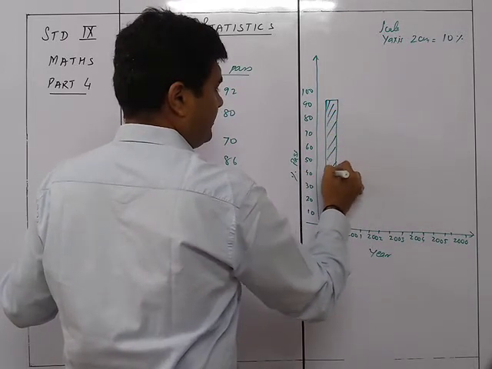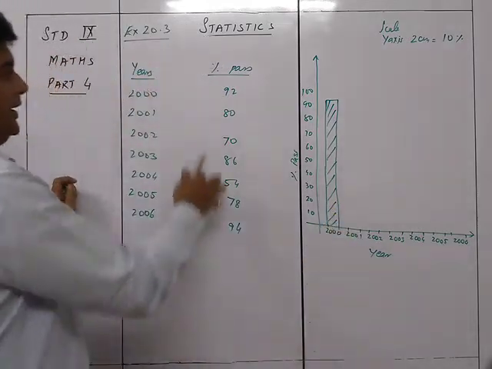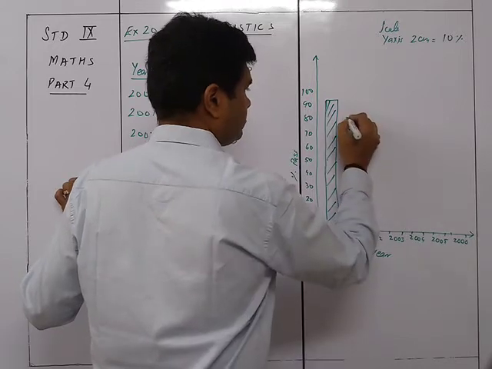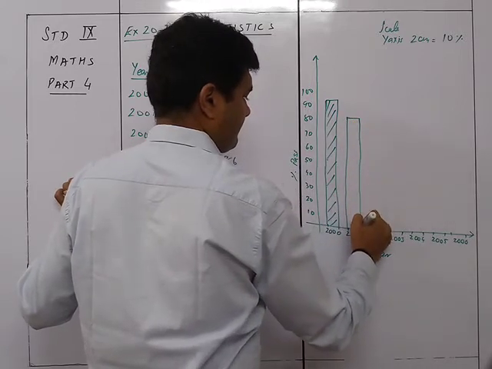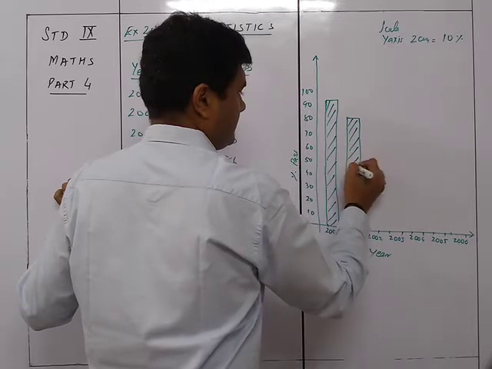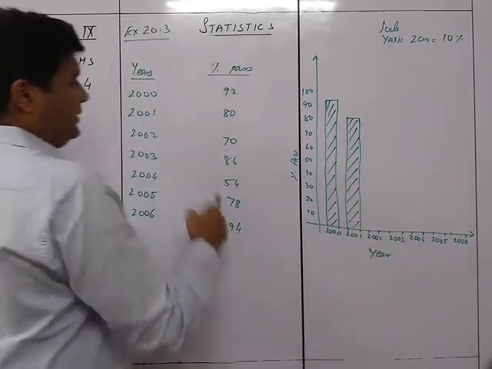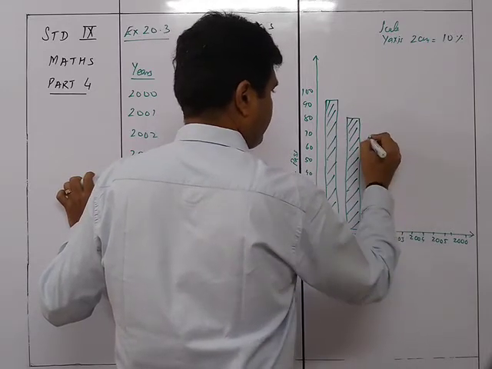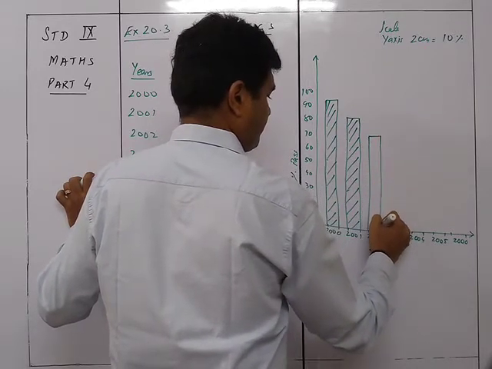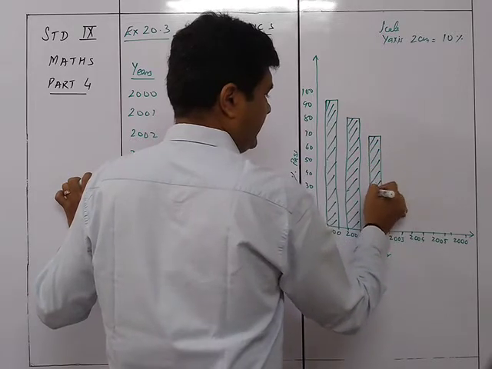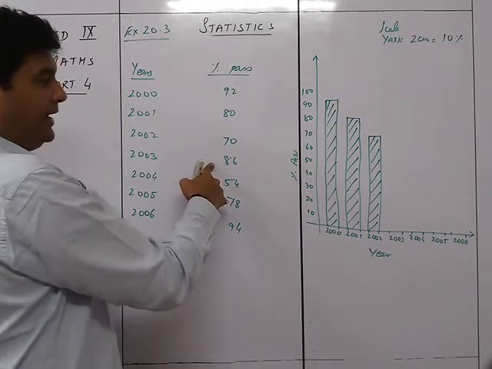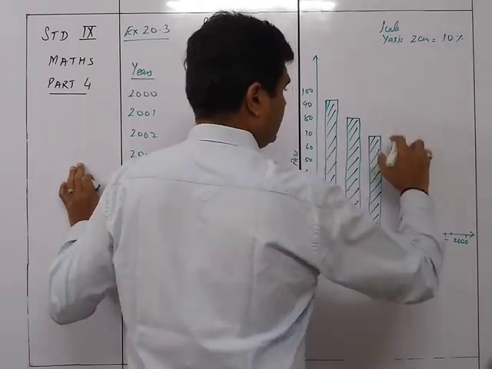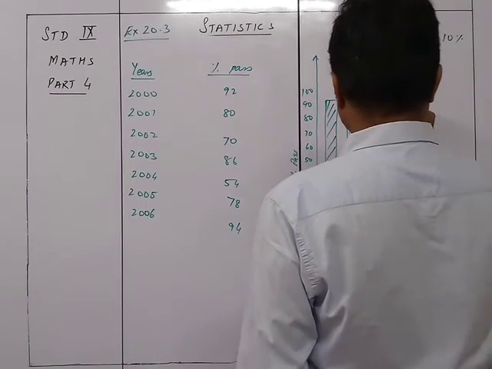This is your required first line. 80 will be the next one. That is 80. Then it is 70. So this is 70. 86 will be below 90, 4 points below 90.